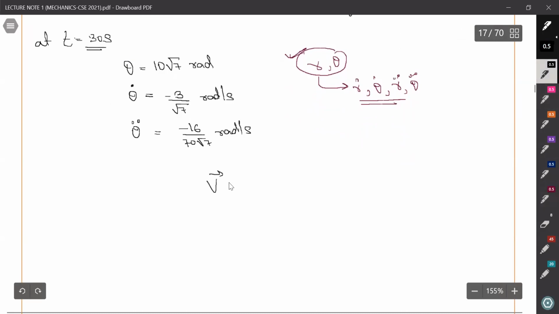Just substitute these terms and you will find that velocity will be r cap minus 180 by root 7 theta cap, and a will be finally, I am just writing the answers. You need to calculate all the things. 105 r cap plus 138 by 7 root 7 theta cap.